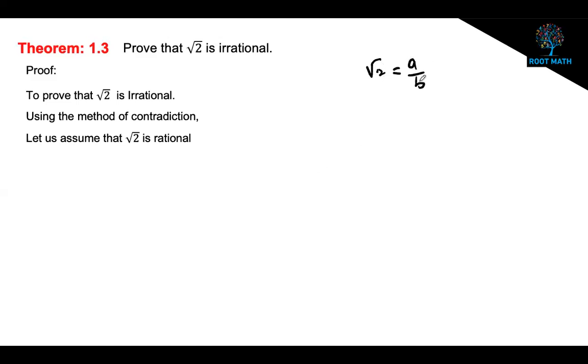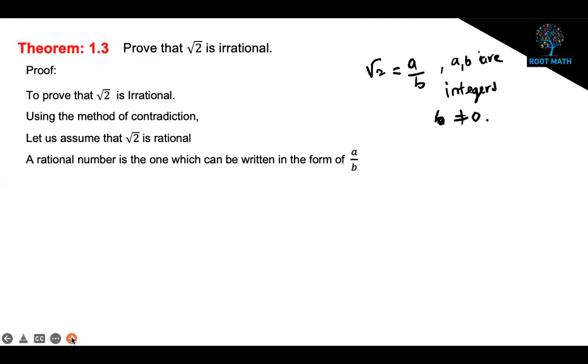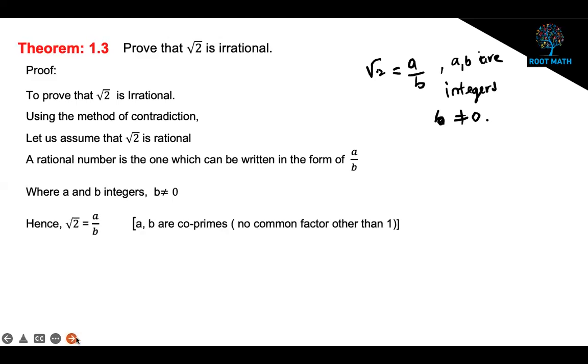When we are writing in this form, A and B are integers and B is not equal to 0. Here one more condition we are adding: A and B are co-primes.